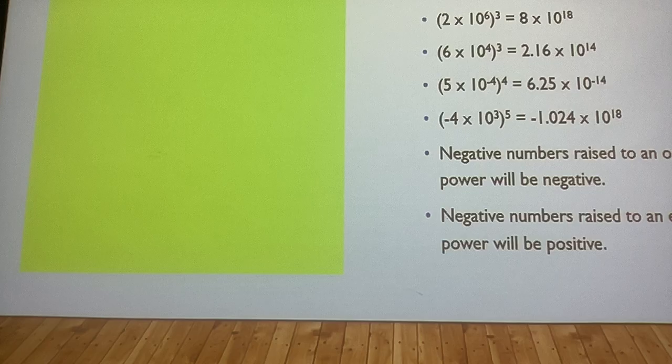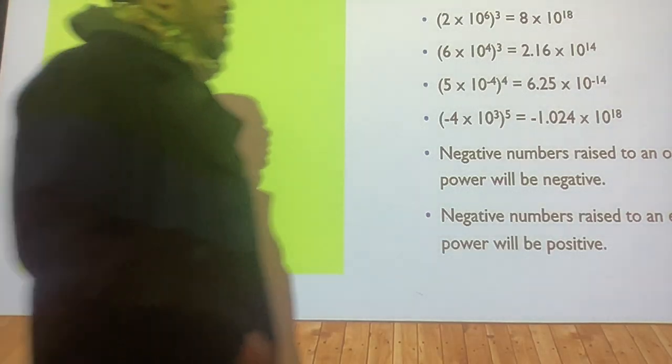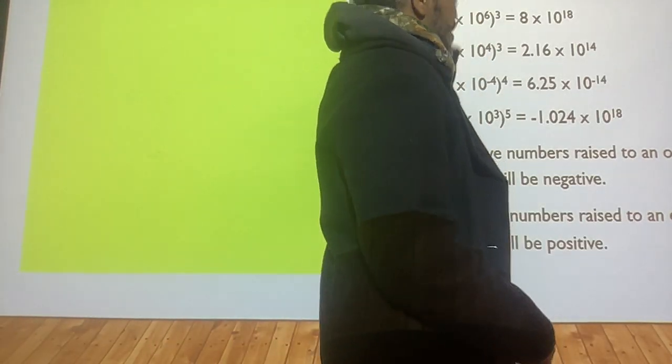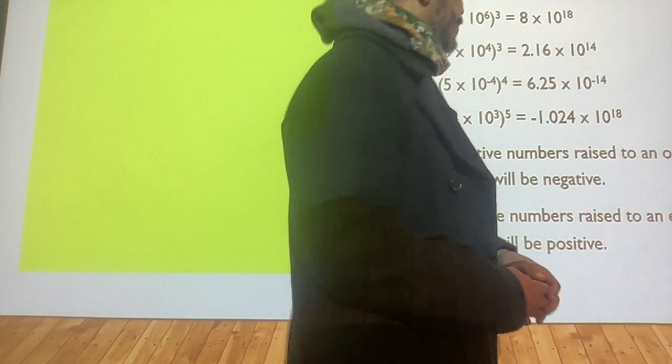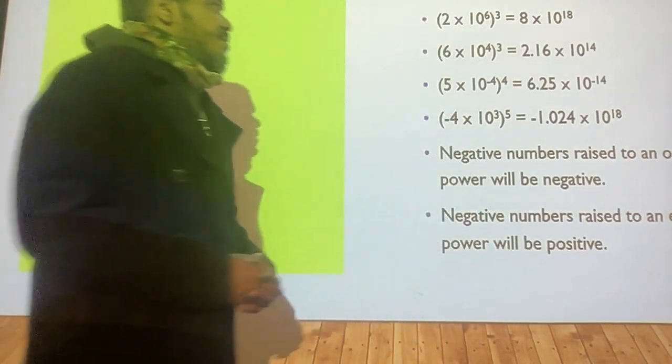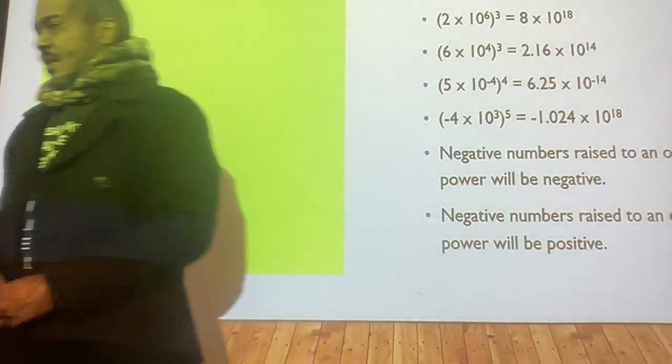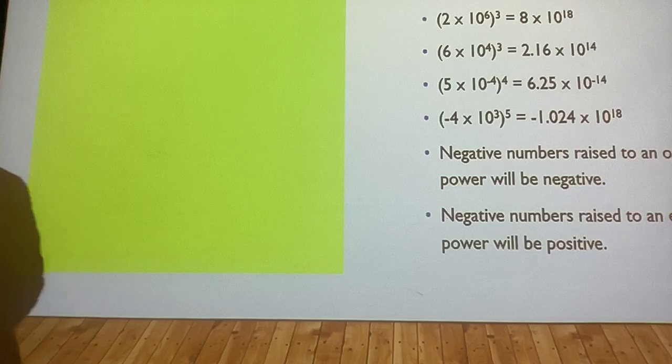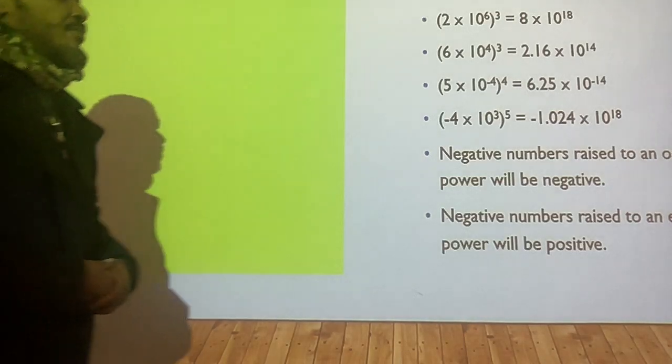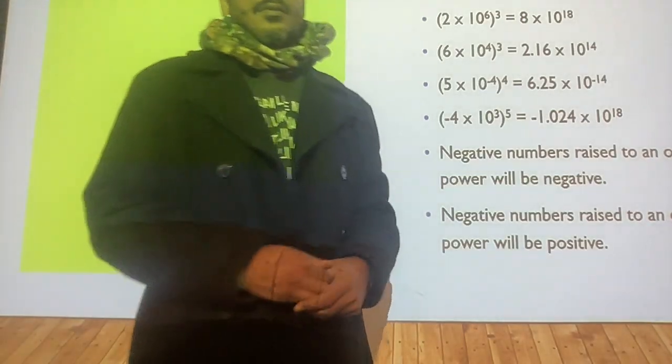So this is like whenever you have scientific notation and you have a number squared. So if I had 2 times 10 to the 10 squared, what would I get? Anybody? What's 2 times 10 to the 10 squared?